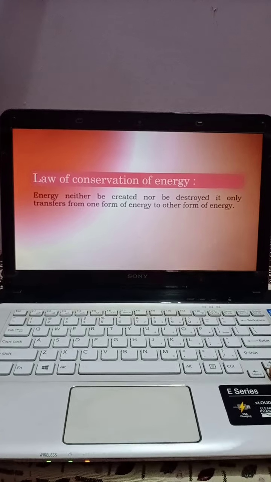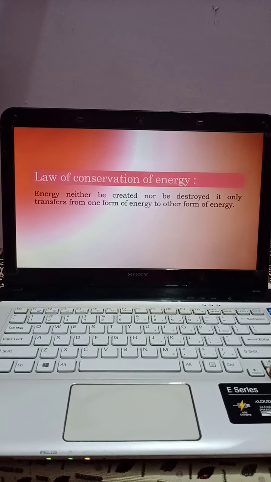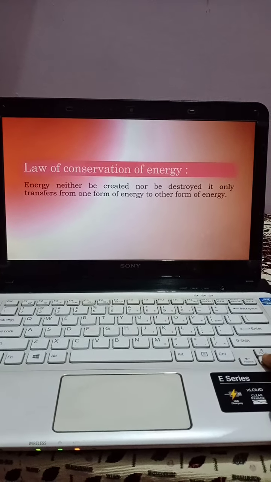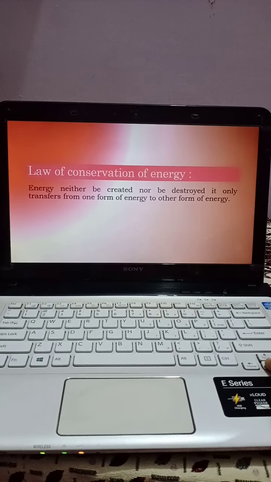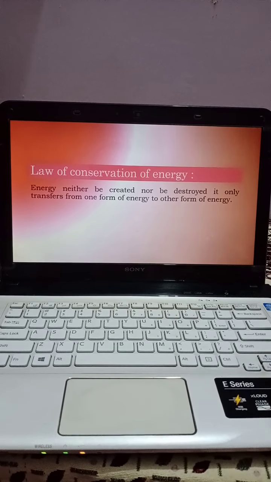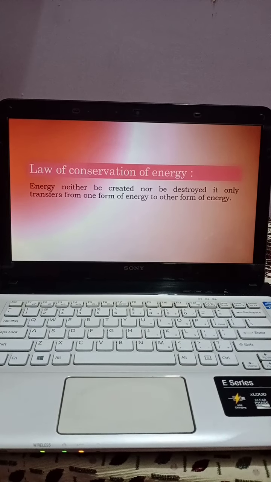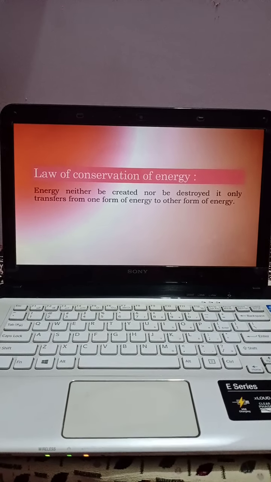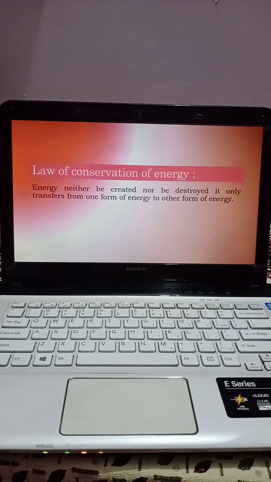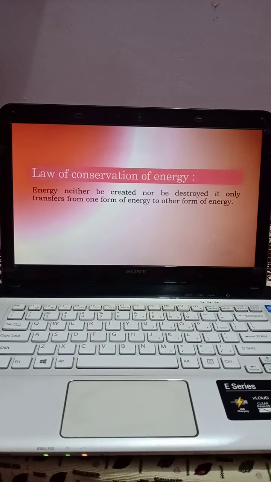Next, what is the law of conservation of energy? The different forms of energy which we are using, while changing from one form to another form, on which law is this conversion of energy based?